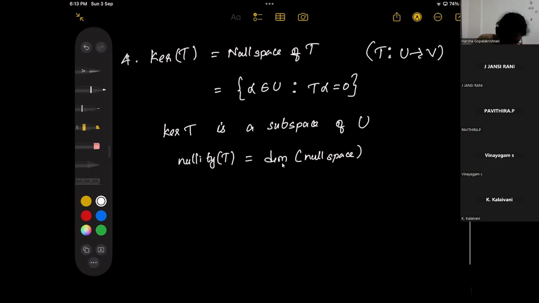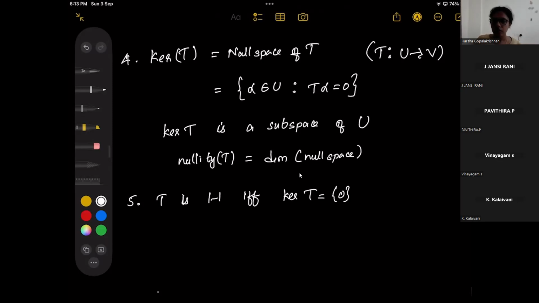Now let me state one result. T is 1-1 if and only if kernel of T equals 0. Again, I am not giving the proof. Here what it says is T is 1-1, we know 1 to 1 map.